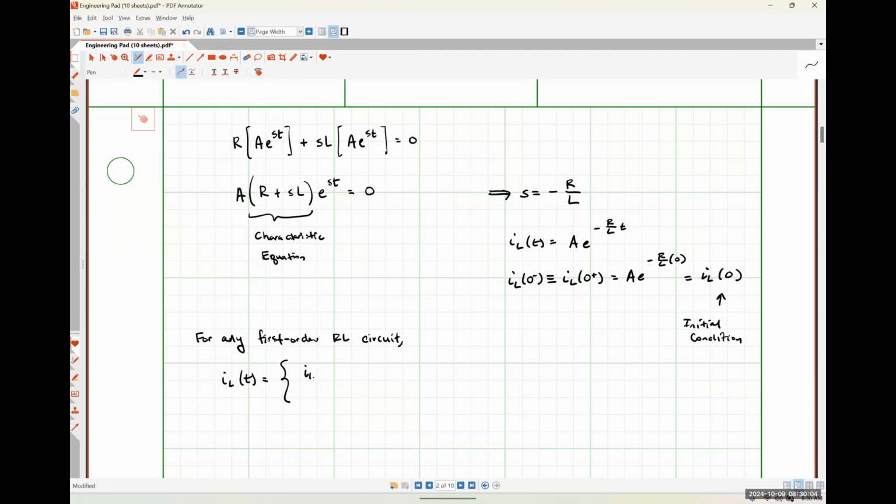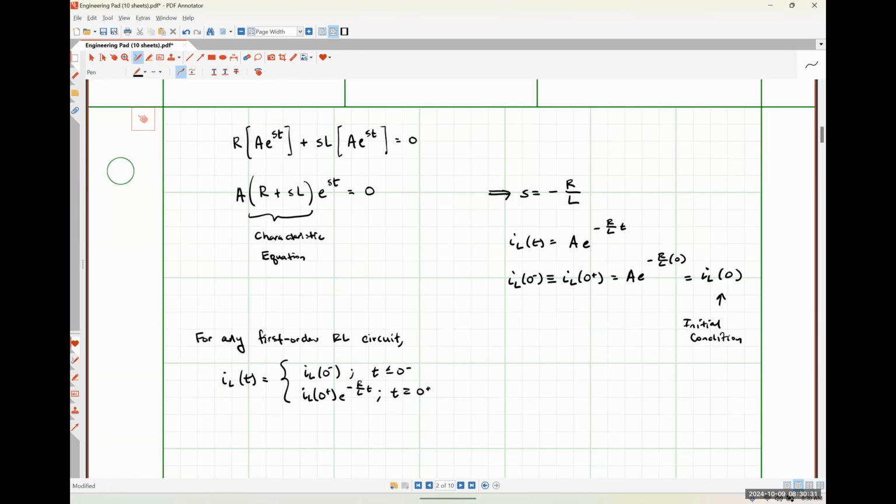So it will be IL at 0 minus for t less than or equal to 0 minus, and it will be IL of 0 plus multiplied by e to the negative R over L times time for t greater than or equal to 0 plus.